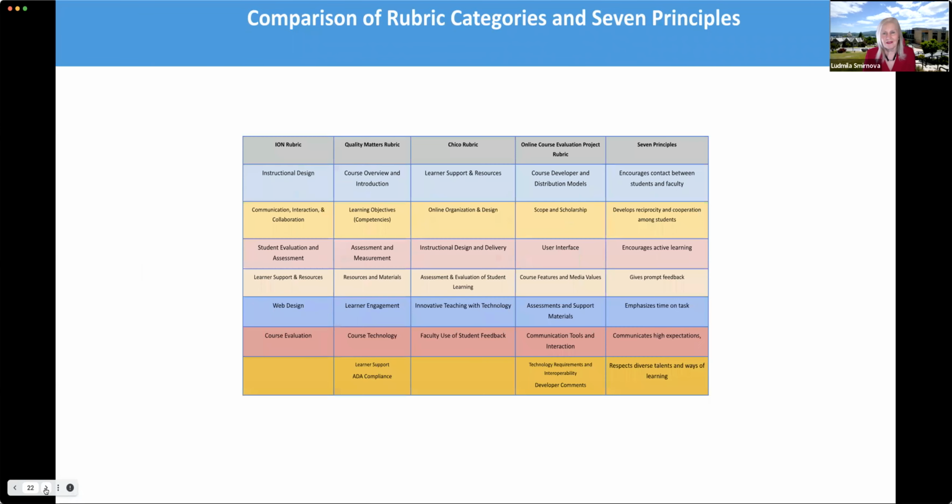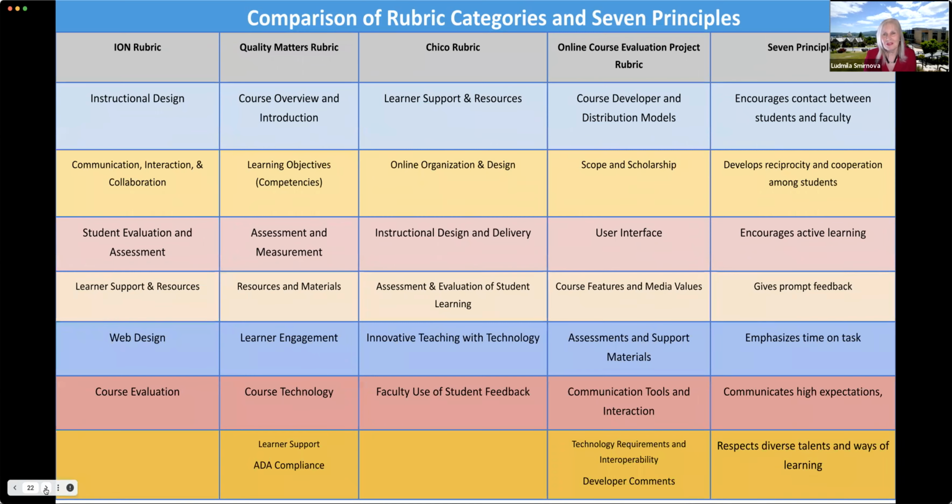So these are several rubrics, and they all have in mind the 7 principles of best practices in good teaching. They can be different, but at the same time they share the core principles of good teaching.